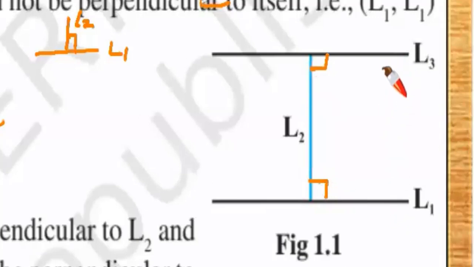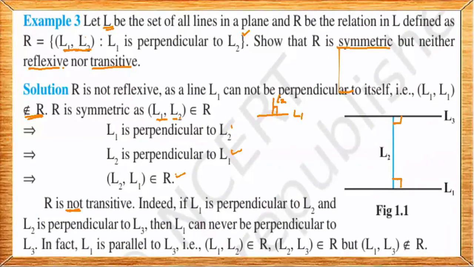So transitivity is not there. Here you see (L1, L2) belongs to R, (L2, L3) belongs to R. It means L1 is perpendicular to L2 and L2 is perpendicular to L3. But we see L1 is not perpendicular to L3. So the ordered pair (L1, L3) doesn't belong to R. So this relation is not transitive.